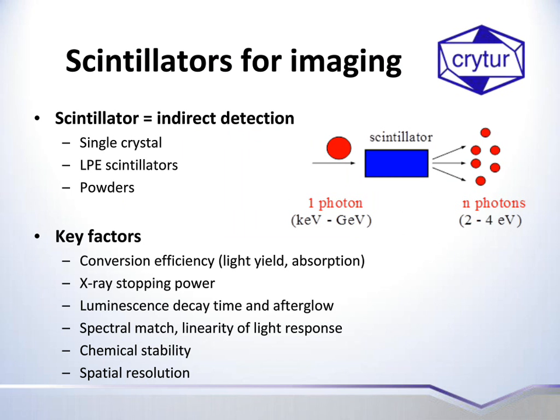The second key factor is X-ray stopping power, which is connected to how much thickness of scintillator you need to stop the X-ray radiation from transmission. For imaging, we have to speak about luminescence decay time, which is about several nanoseconds, and also afterglow, which has some effect on the signal.